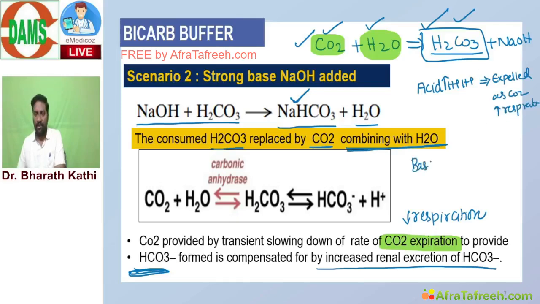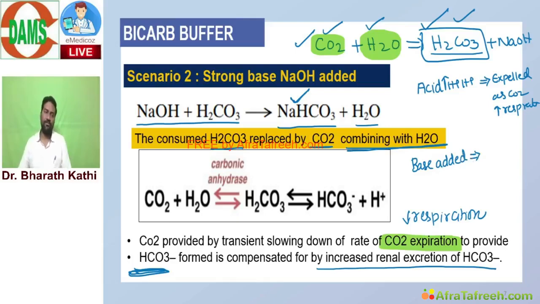Whenever a base is added, what ultimately happens, there will be reaction between the base and carbonic acid resulting in bicarbonate. And whenever base is added, what is going to happen? CO2 retention can happen, resulting in decreased respiratory rate.